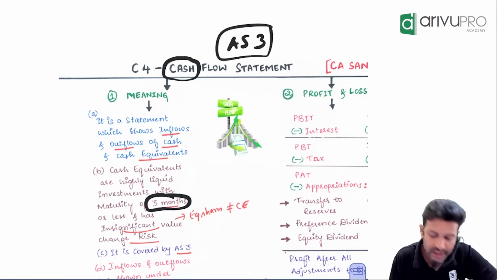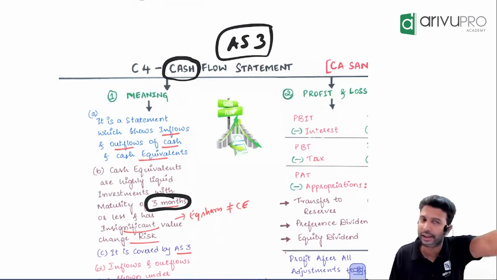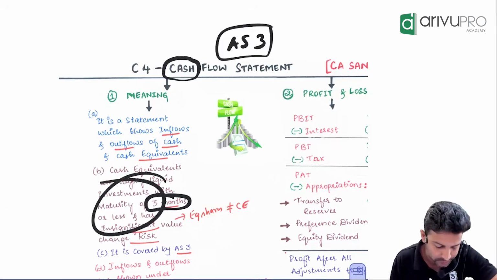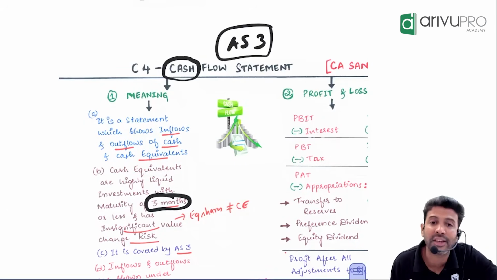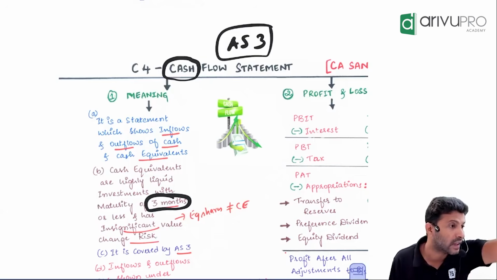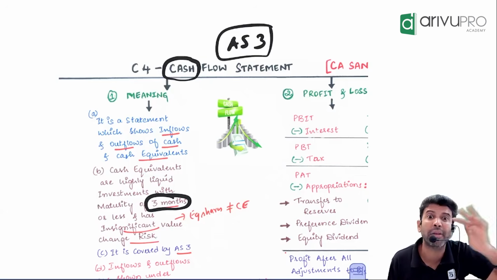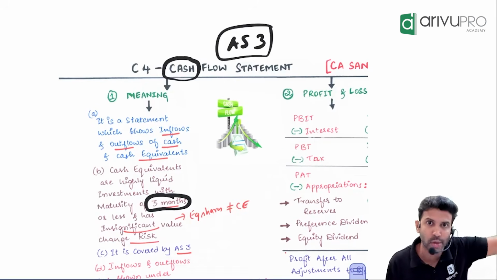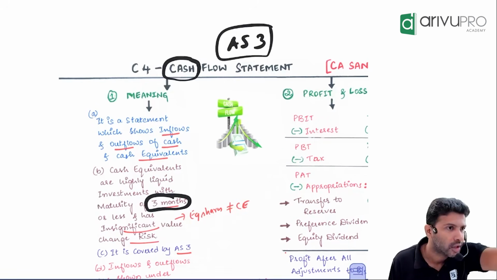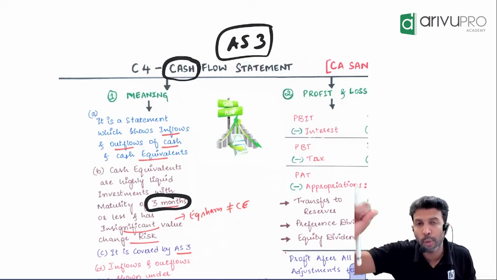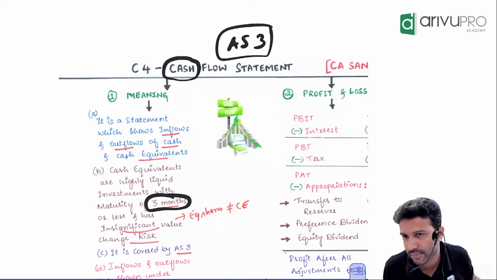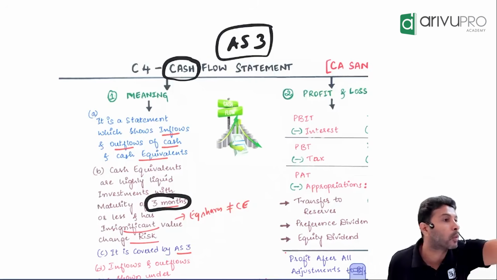But there are some other criteria also. That investment should be subject to insignificant value change risk, meaning it should not be very risky or very volatile. Its value should not fluctuate too much. Suppose you purchased Zomato shares and you are planning to hold them only for 1 month.